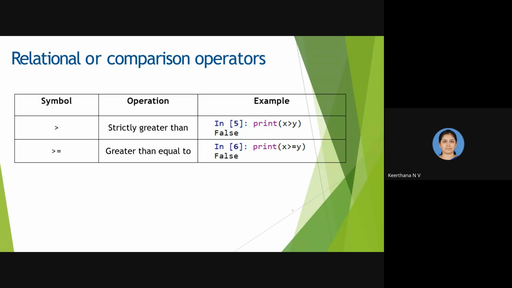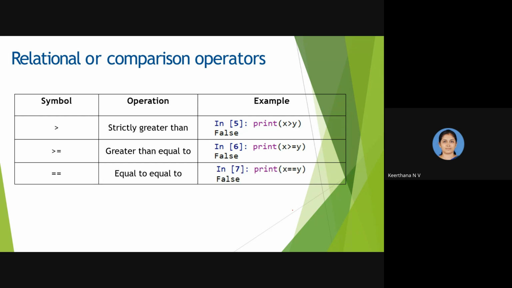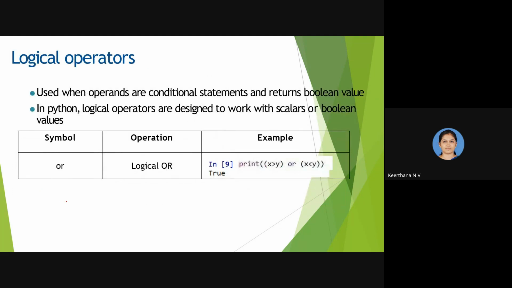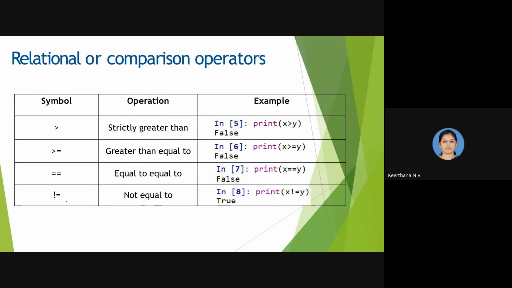Greater than or equal to checks whether any one condition is valid. Next is equal to, comparing any two variables for equality. Not equal to checks the not-equal condition. The not equal to symbol is exclamation mark equal to. We will work with these types of operators in execution.